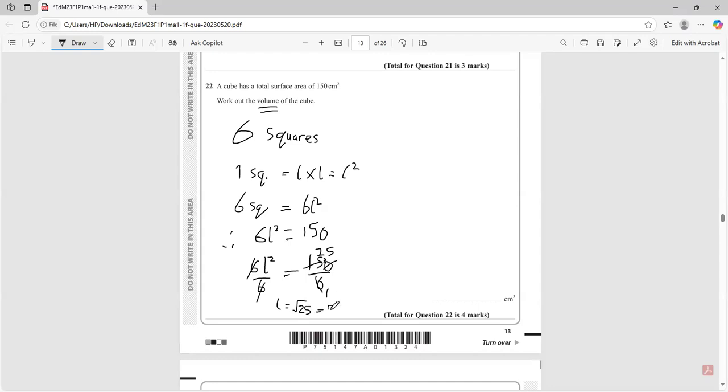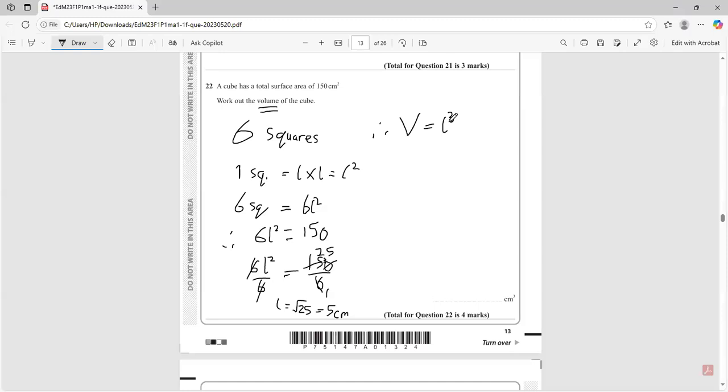So what can we conclude? The volume will be what? Do you remember the formula for volume? The volume of a cube is given by L raised to power 3, L cubed. Because the volume of a cuboid is length times breadth times height, and in a cube all of these are the same.